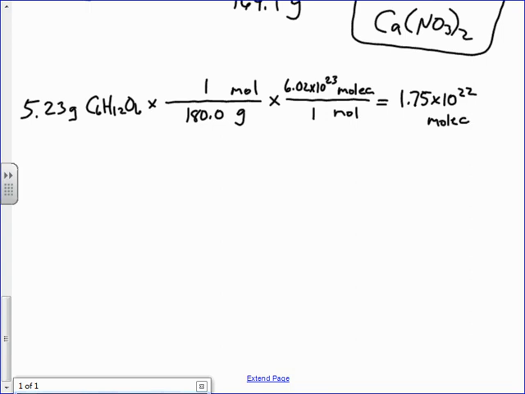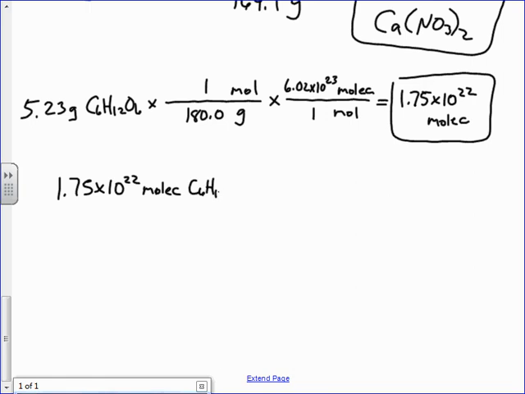Molecules. Okay? Now, let's say that we take this one step further here, and instead of just wanting to know the number of glucose molecules we have, we want to know how many carbon atoms there are in that many grams. Okay? Now, the good news is here, we just found the number of molecules. We can go straight from the number of molecules to the number of carbon atoms, so this doesn't require a lot of extra steps here. We've got 1.75 times 10 to the 22nd molecules of C6H12O6.